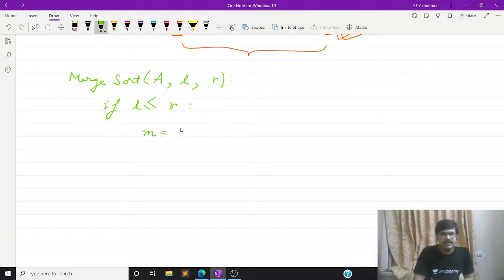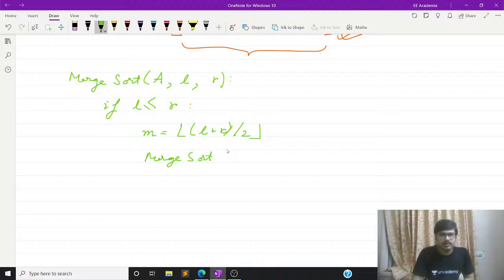You divide this array in two halves, M equals (L plus R) by 2, and you merge sort the left half, L up to M, and you merge sort the right half, M plus 1 up to R.